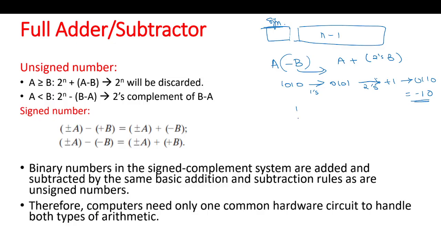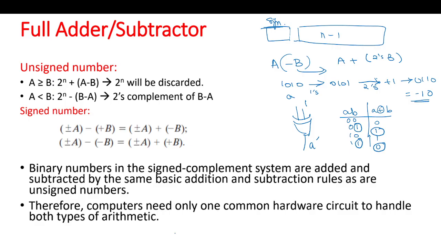For that, we can use an XOR gate, because whenever a bit is 1, we observe it is complemented, and we need complement only for that, so we get A complement.